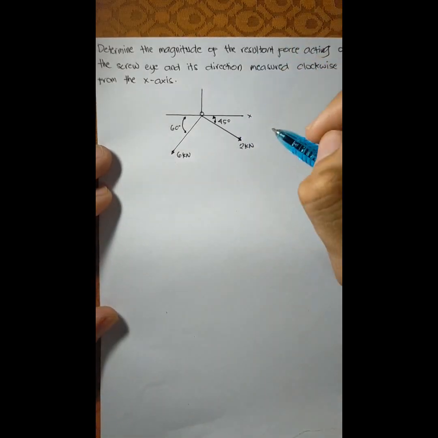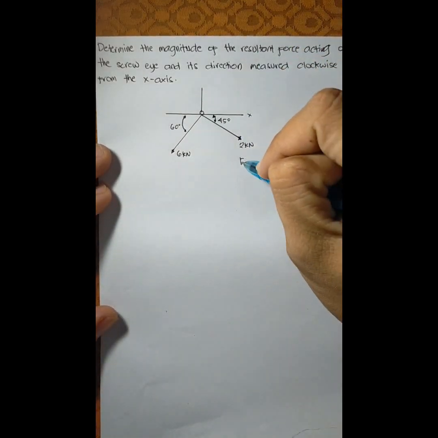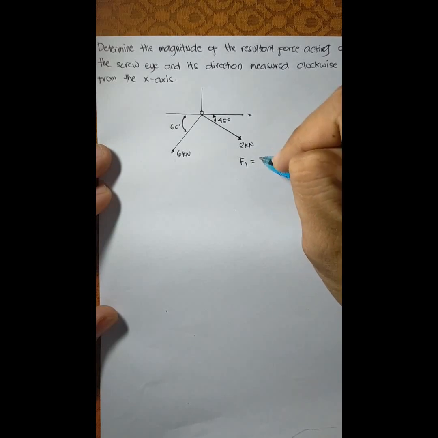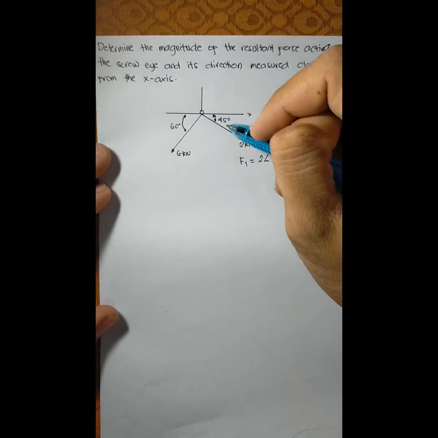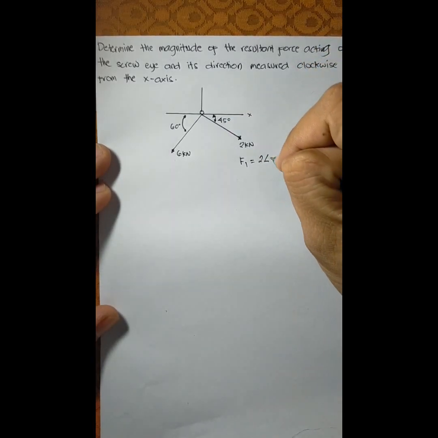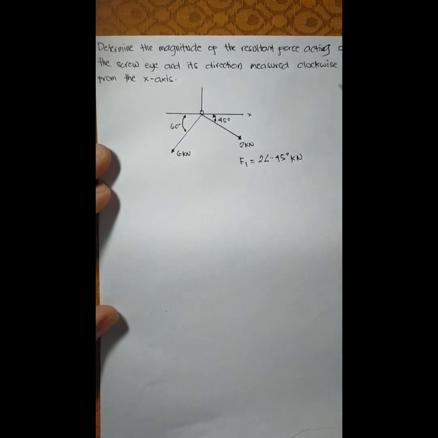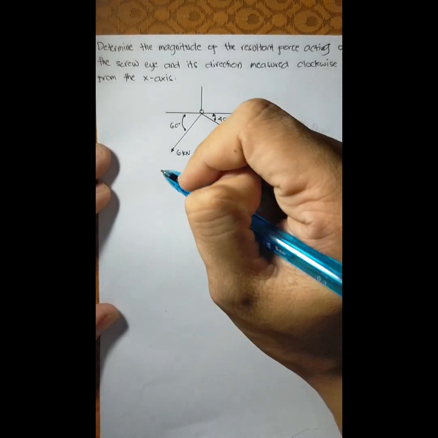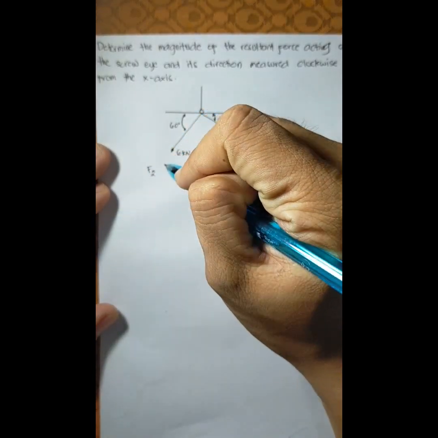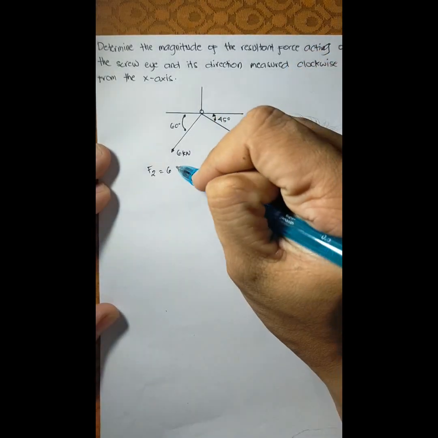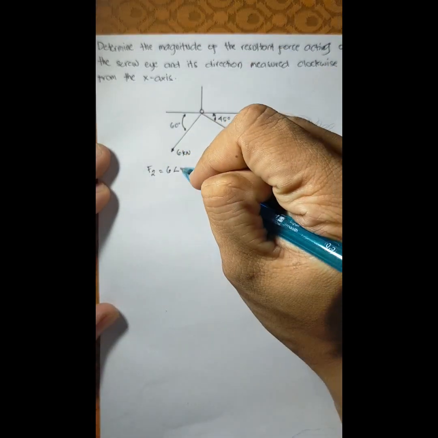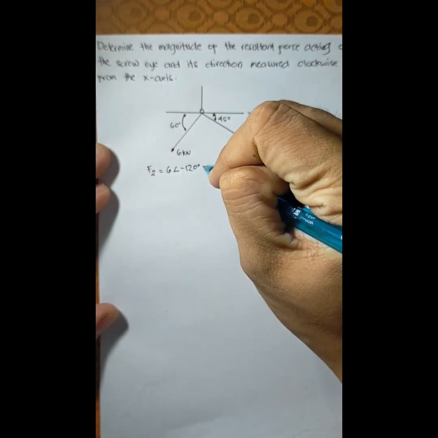So we will write F1 equal to 2 angle of, since it is clockwise direction, this can be written as angle of negative 45 degrees kilonewton, and this side is F2 equal 6 angle of negative 120 degrees kilonewton.